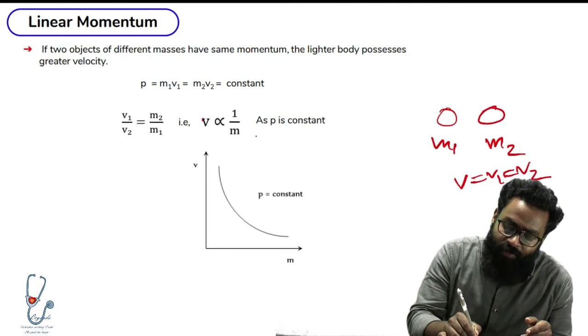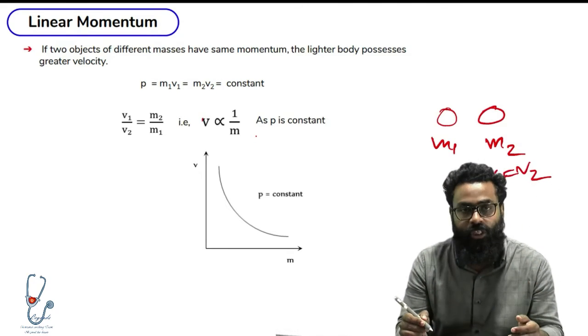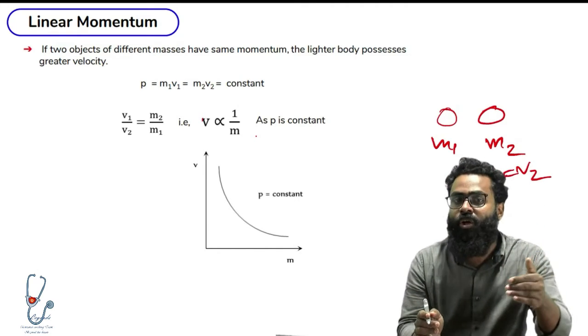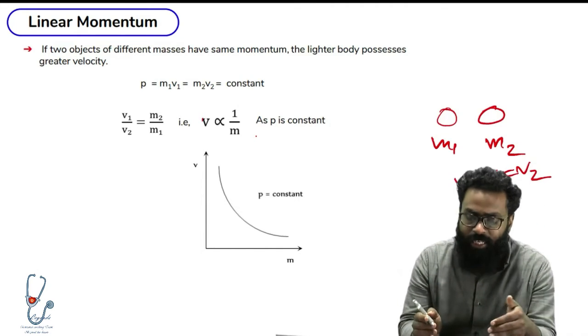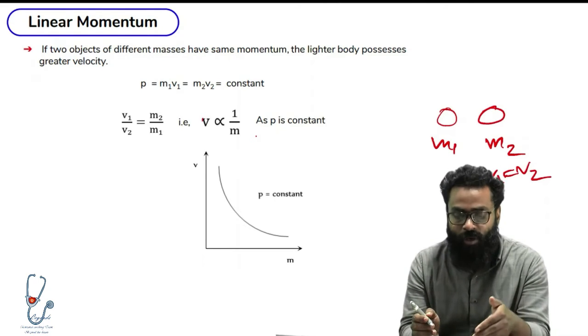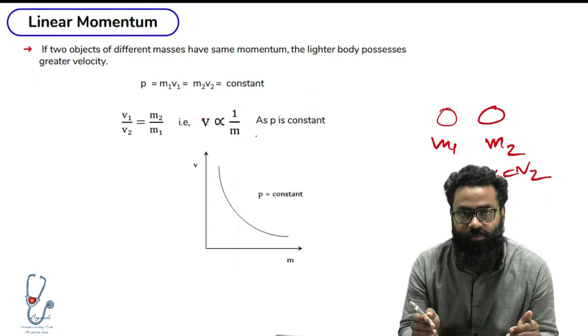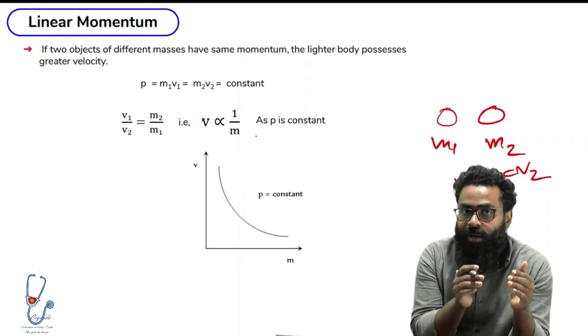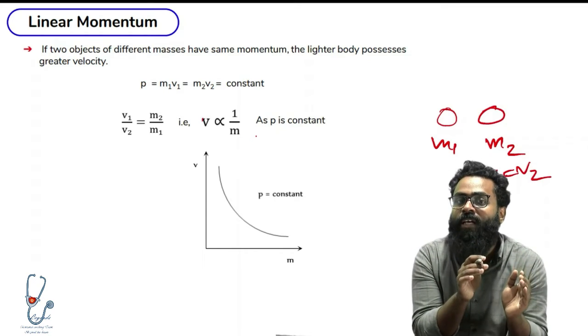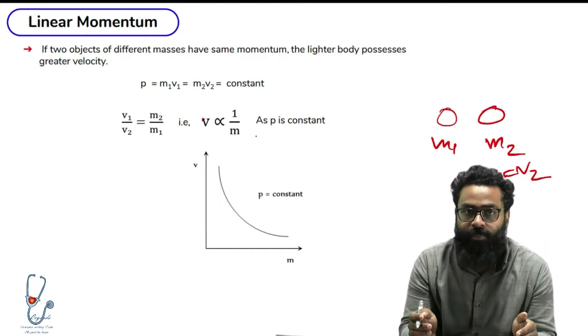P is equal to m1 V1 is equal to m2 V2, which is a constant. That is, we can write V2 by V1 is equal to m2 by m1. That is, V is proportional to 1 by m, where P is a constant, or we can say V is inversely proportional to m.